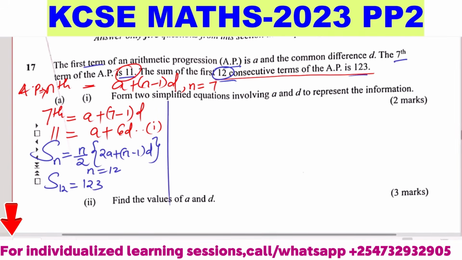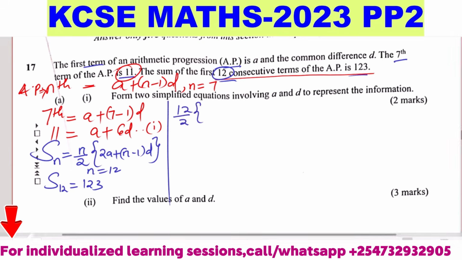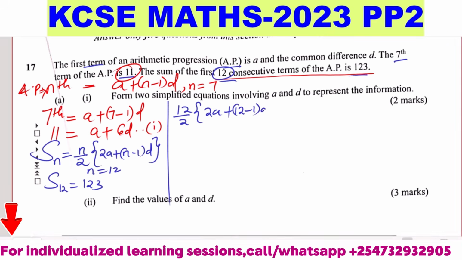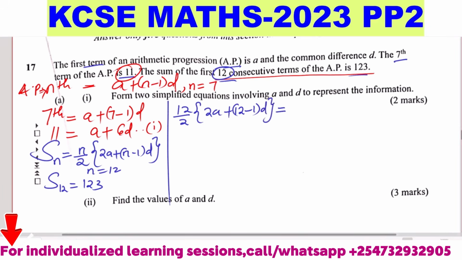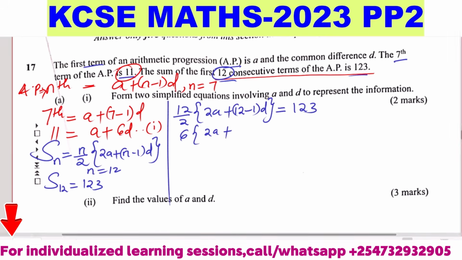So let's just substitute these. n over 2 will be 12 divided by 2, then 2a plus n minus 1. n is 12, so it is 12 minus 1. Multiply by D should give 123. Simplify these, you get 6 times 2a plus 11D is equal to 123.